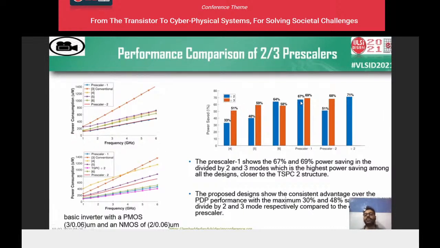We observed that the proposed architecture shows 67% and 69% power saving in division by 2 and division by 3 modes respectively. Also, it shows 30% and 48% saving in the division by 2 and 3 modes in the PDP performance.